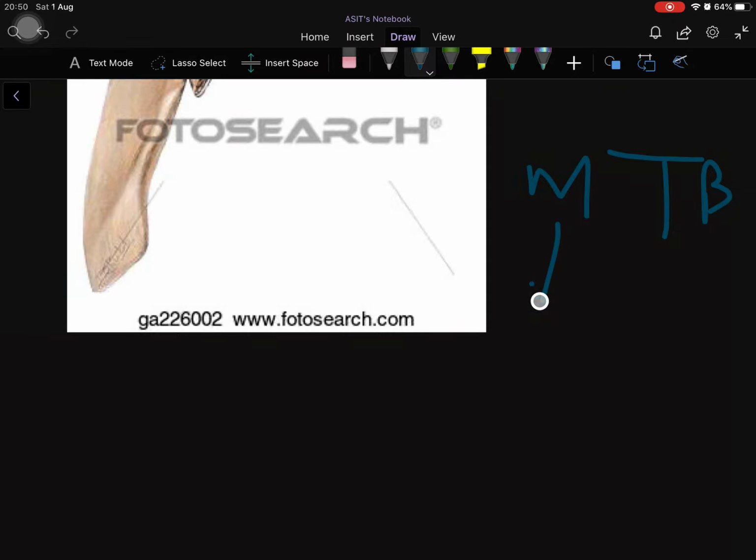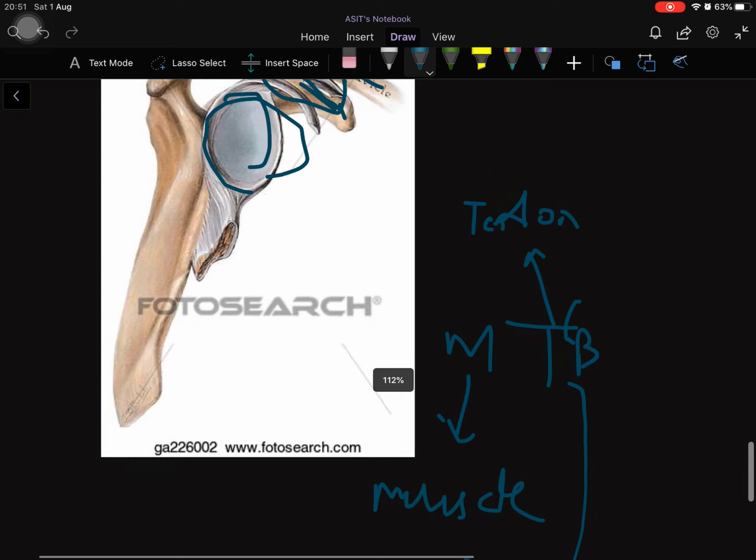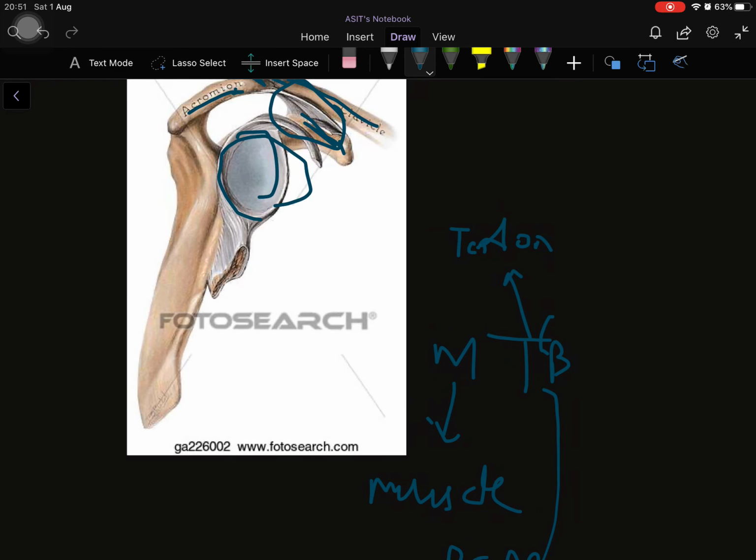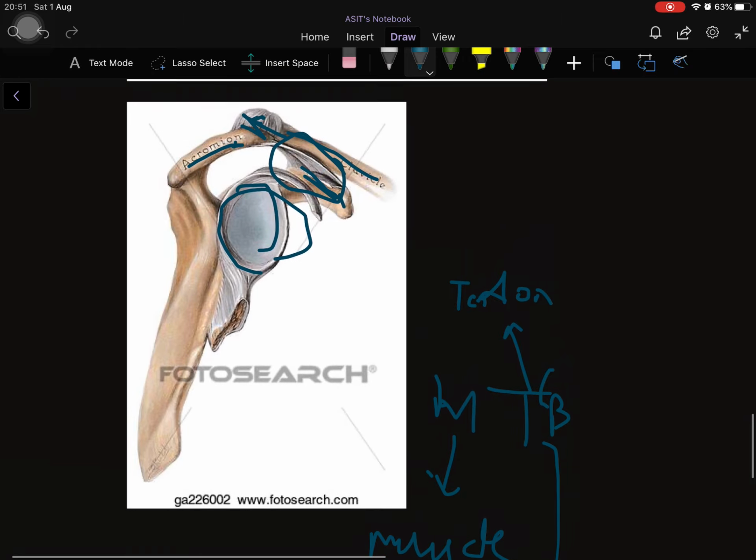M means muscle, B means bone, and T is present in between the muscle and bone, and T is called tendon. Why do I tell this formula? Because this will help you in future. In between the muscle and bone there is always a tendon.